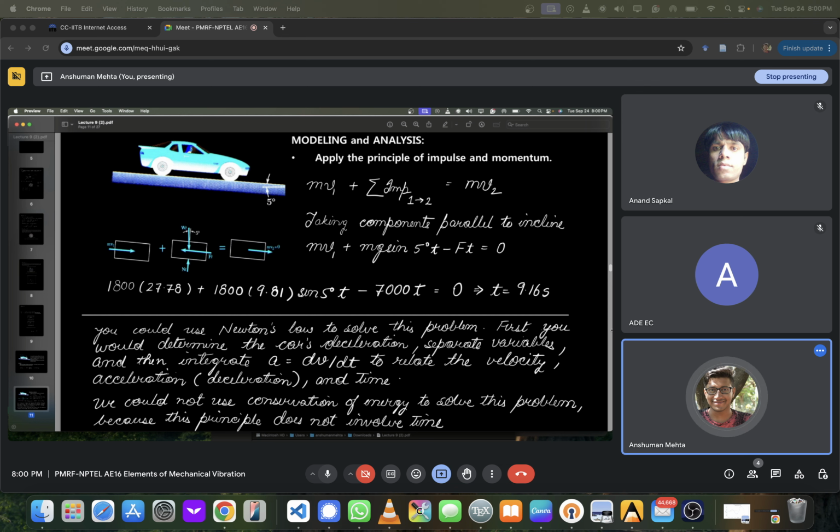Now the points to be noted in this question are: we can use Newton's second law or the FPT approach to solve this problem. First we would determine the constant deceleration.